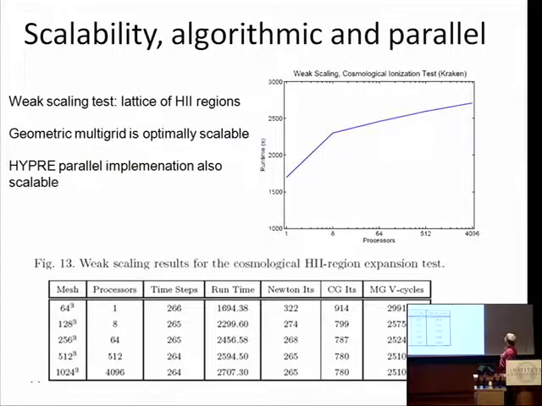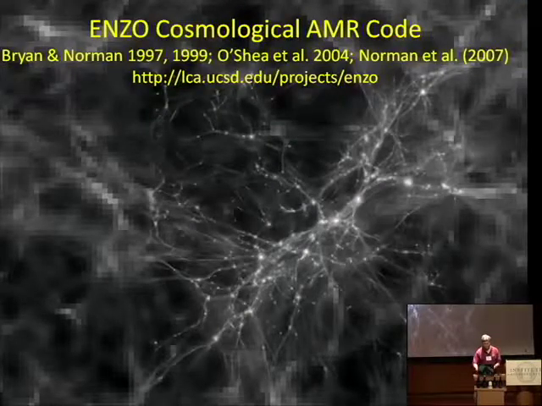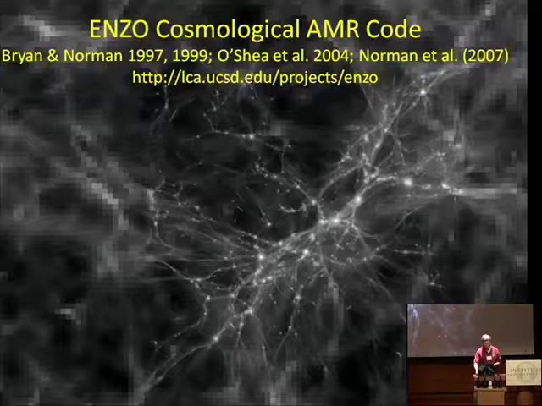So here you have a problem that's 4,000 times bigger, running in basically 60% more wall clock time than the one processor result. So that's the scalability.